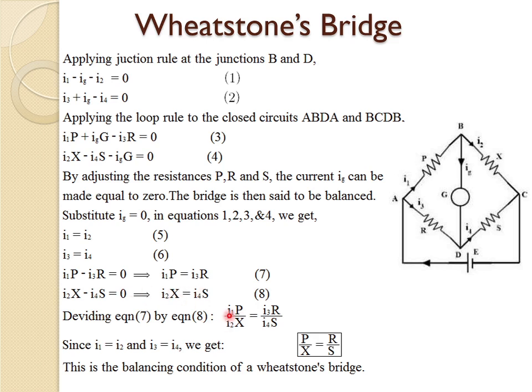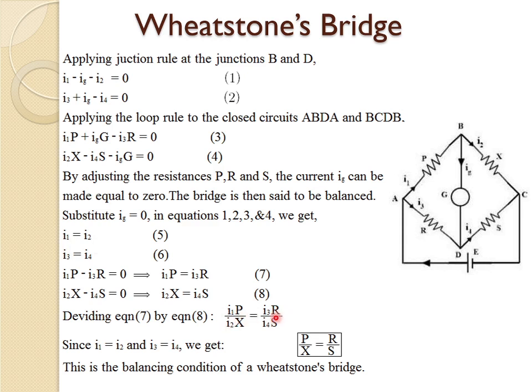On the left side, we have I1 into P by I2 into X equals, on the right side, I3 into R divided by I4 into S. But from equations 5 and 6, we can see I1 equals I2. So on the left side, these two currents cancel out.